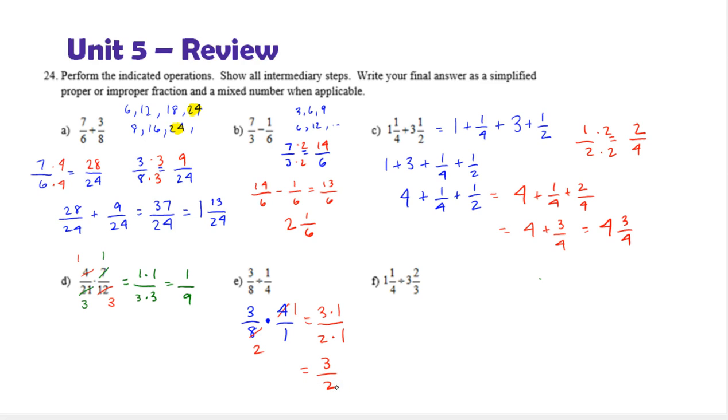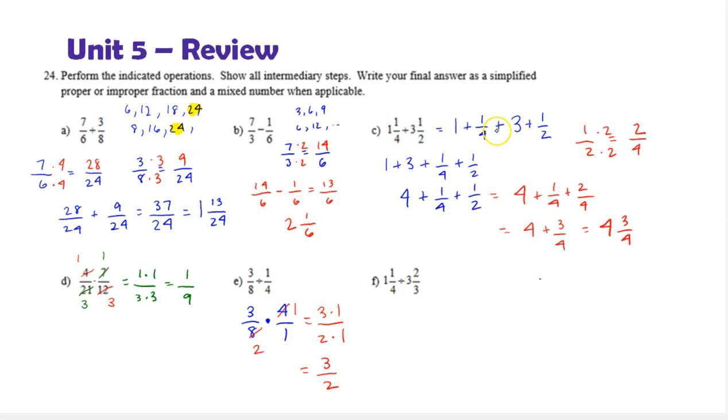And the last one, we have 1 1/4 divided by 3 2/3. Since these are both mixed numbers, when you're multiplying or dividing mixed numbers, you need to change them to improper fractions first. The reasoning can be understood by looking at this example up here.